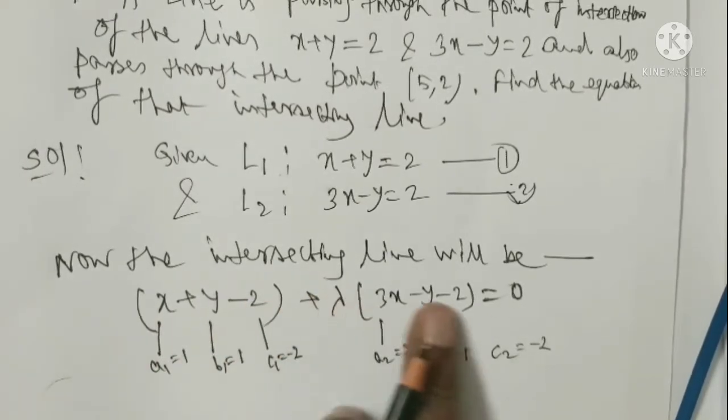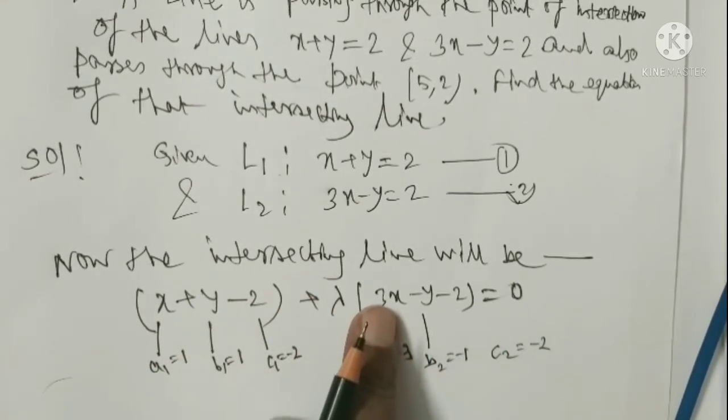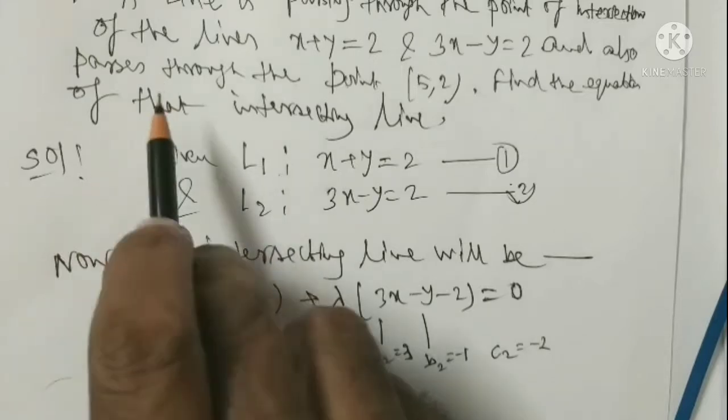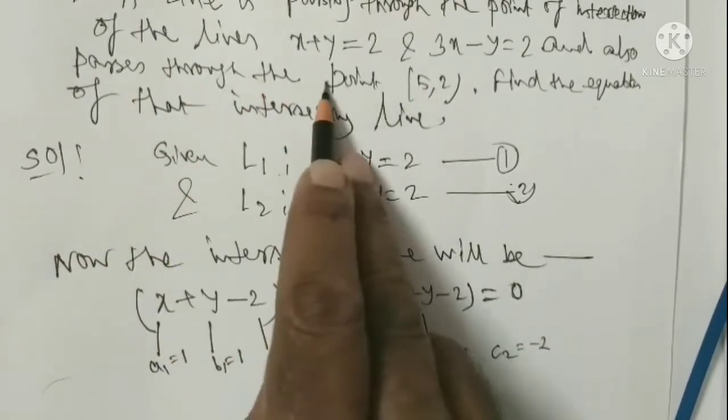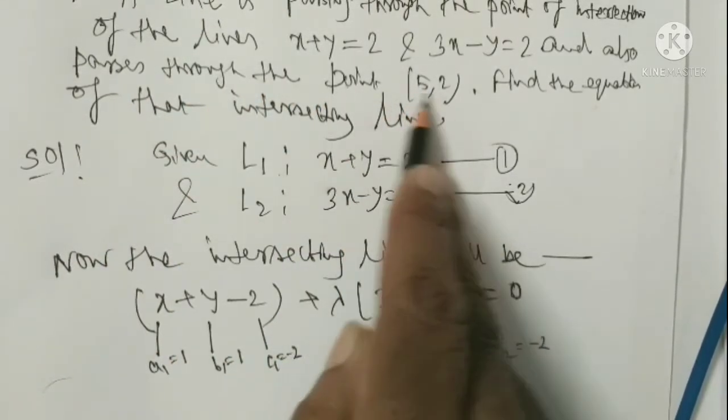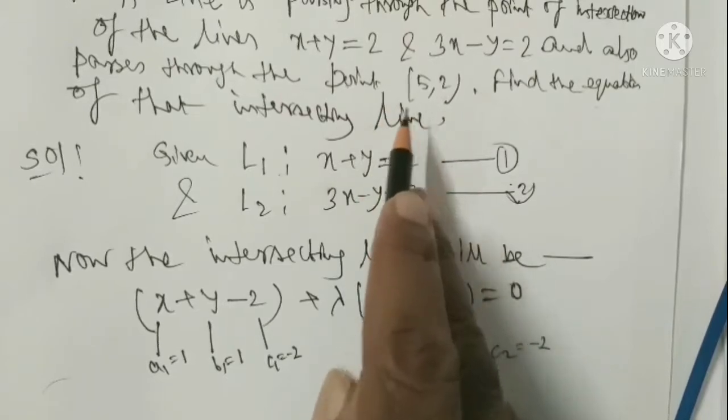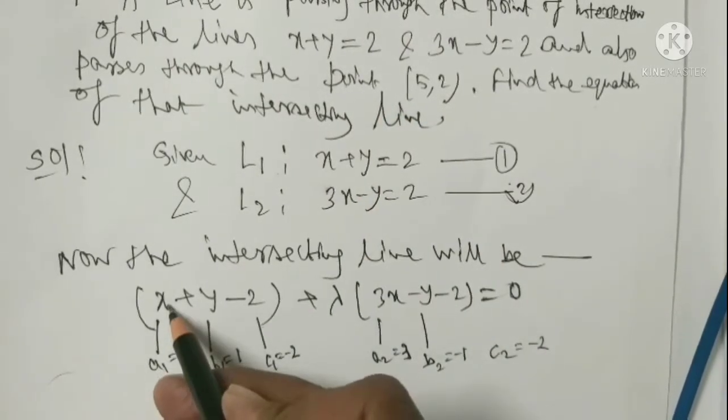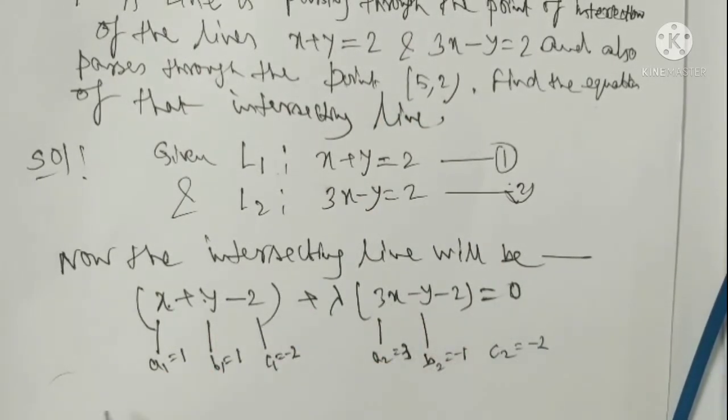Now another condition is given in the problem: the line also passes through the point (5, 2). That means we will put x and y as 5 and 2.